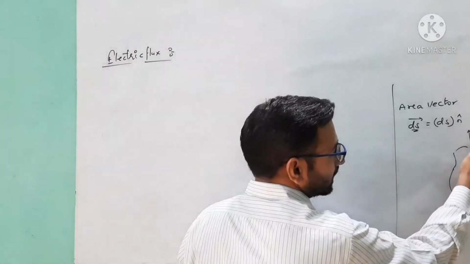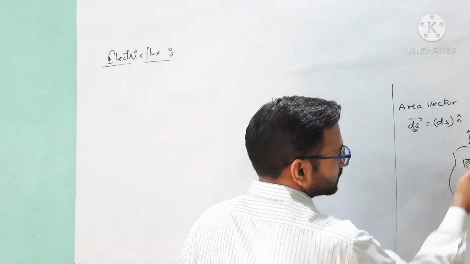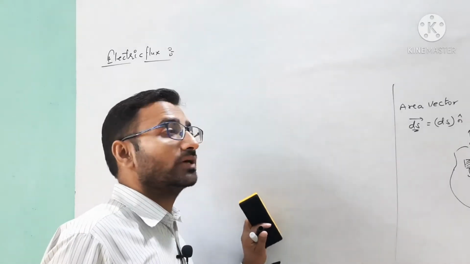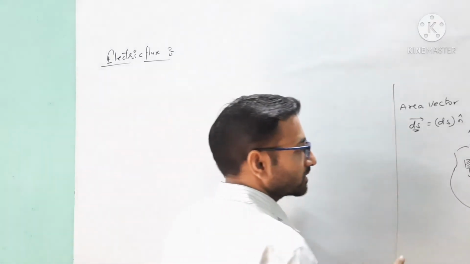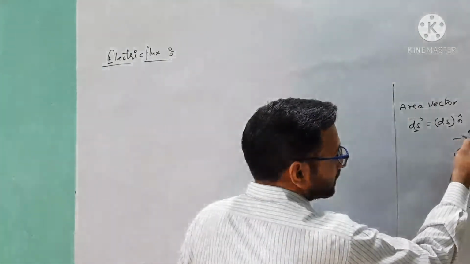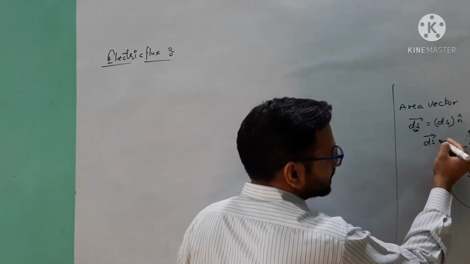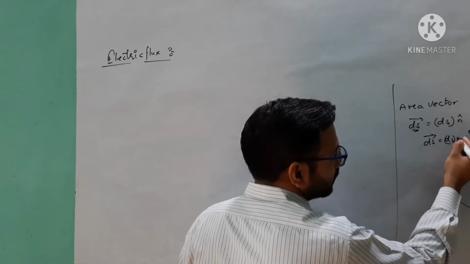This vertical direction is the direction of n cap, the unit normal vector. By convention, the direction is vertically outward, not inward. So this is the direction of our area vector, which is represented by dS n cap.